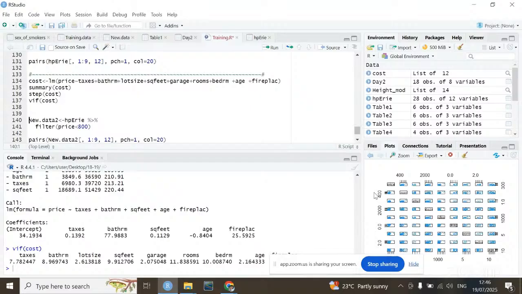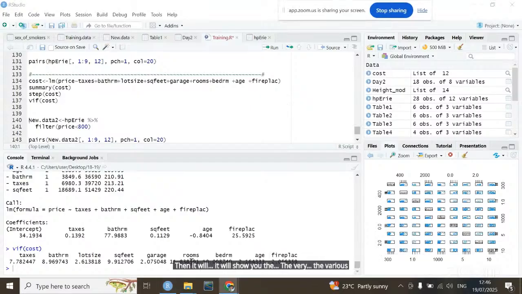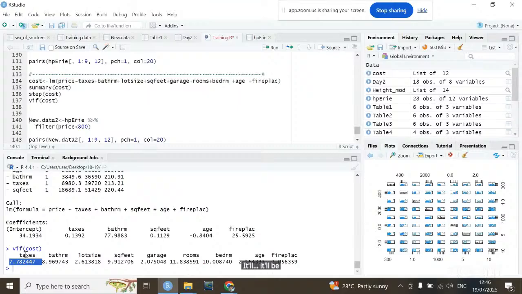Then it will show you the variance inflation factor for all. For tax is 7.8. Now there's a range. When there's no association among the predictors, the VIF will be 1 for that factor.